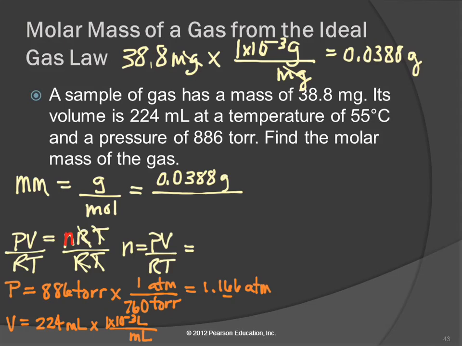You can do that on your calculator, or you can do that one in your head. 0.224 liters. And the temperature they gave us was 55 degrees Celsius, and that's not the correct unit either, is it? We need that to be in Kelvin, so we have to add 273. 55 plus 273, 328.